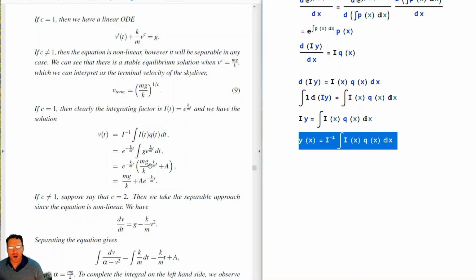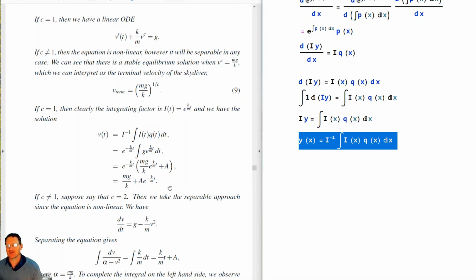And so what happens is e to the power of minus kt over m plus kt over m gives e to the power of 0, which is 1. And so we just have mg over k there. Now multiplying in the e to the power of minus kt over m times a just gives us a times e to the minus kt over m. Okay, so we have our general solution in the case that c is equal to 1.